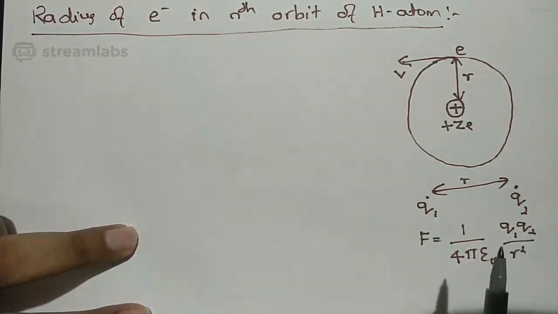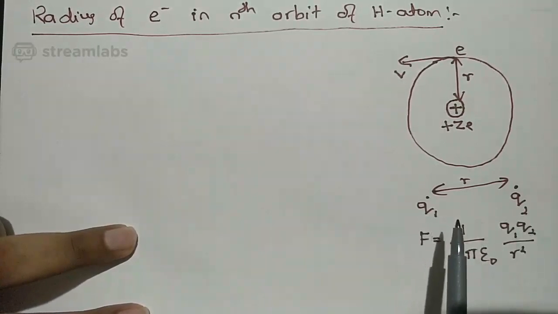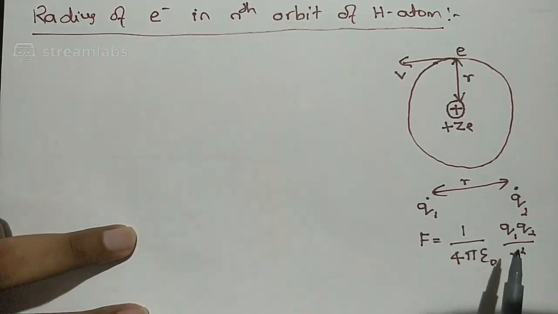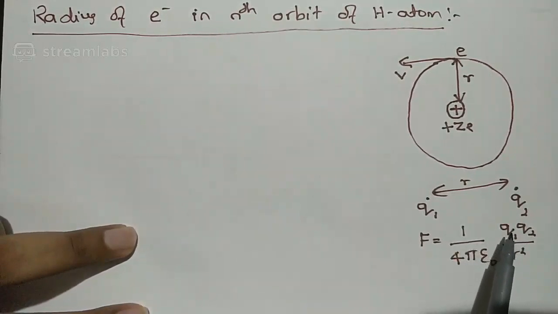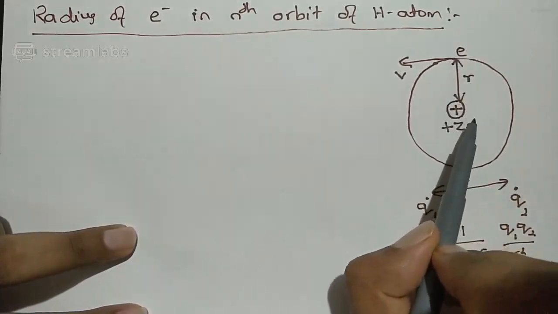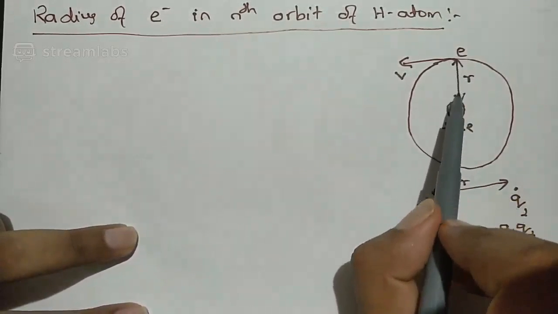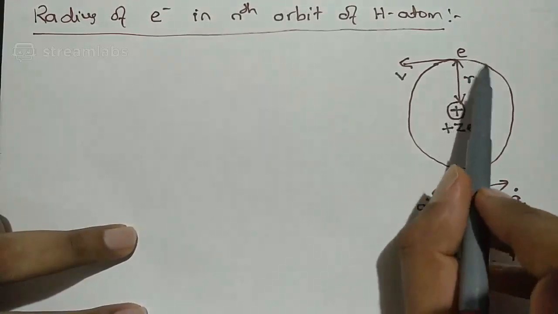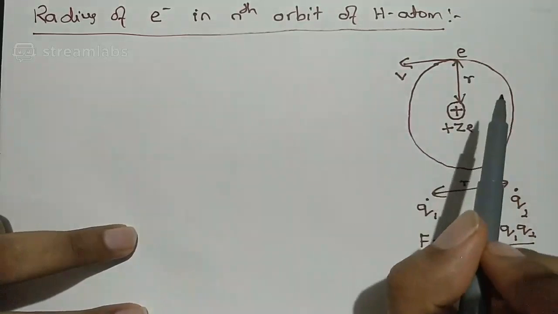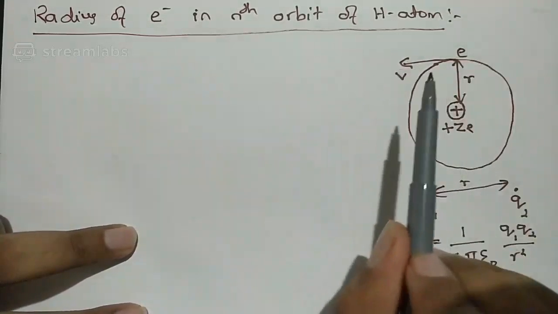That itself accounts for the sign. If one is positive and one is negative, then the force is attractive. That itself accounts for the sign. So no need to mention the sign of the charge here. Here, if you see, one charge is negative, that is the electron, another charge is positive, the nucleus. So there will be an electrostatic force of attraction between them. That is why the electron is still bound to the nucleus. That is why it is a bound system.